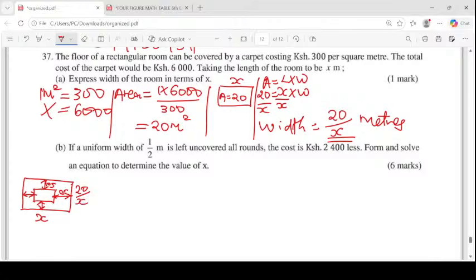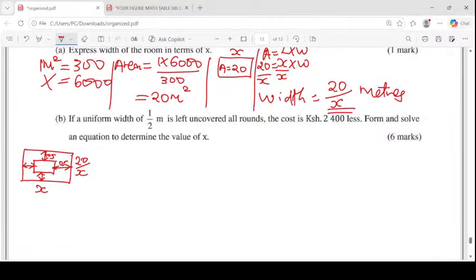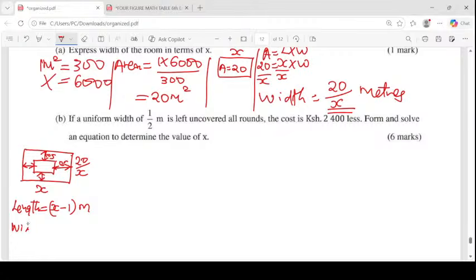Now, let's get the new length. If you leave a gap of 0.5 on both sides, the new length will be x minus 1 meters. And the new width will also be 20 over x minus 1 meters.